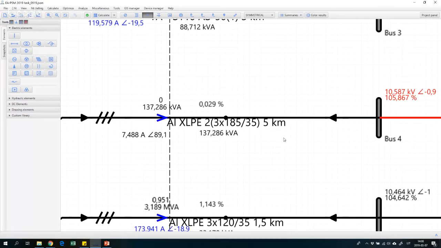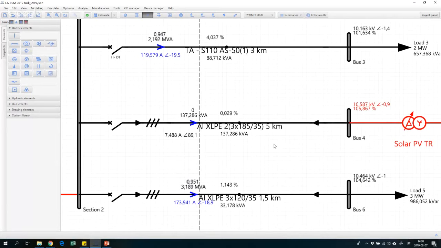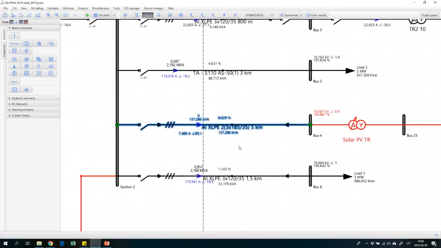This is one of the things which is important for practical application of this software. If you need to connect an additional cable in a medium voltage network in order to connect your solar power plant, the distribution system operator will ask you to calculate this current, because they need to know how much this current will affect the existing network.